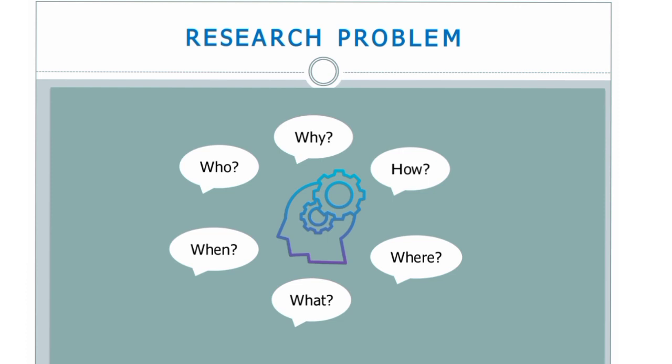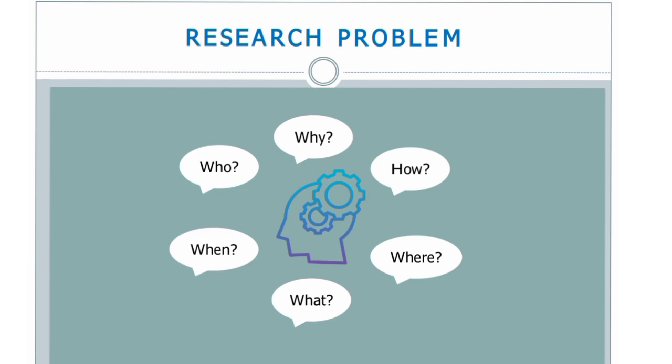When means the time frame in which the problem can be solved. Where means the environment in which the problem exists. Suppose I am taking the online shopping example. Here the problem exists in computer science.